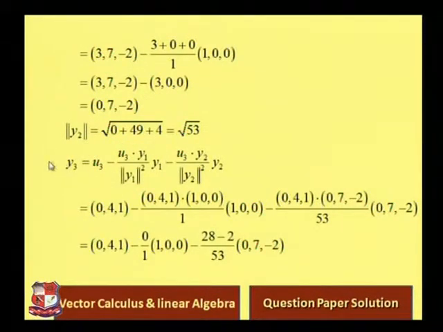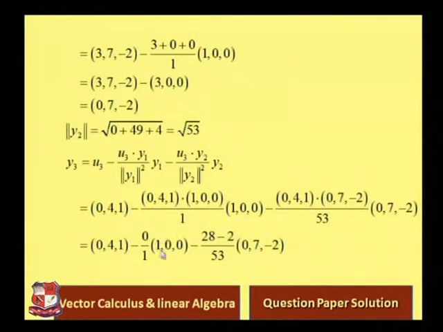Next, y3 by definition is u3 minus these projection terms, following the Gram-Schmidt process. u3 is 0 4 1, so substitute all the vector and norm values. The dot product with y1 gives 0 times 1, so that term is 0.